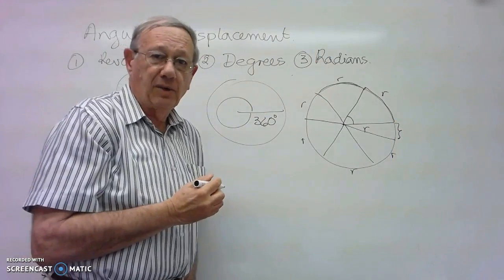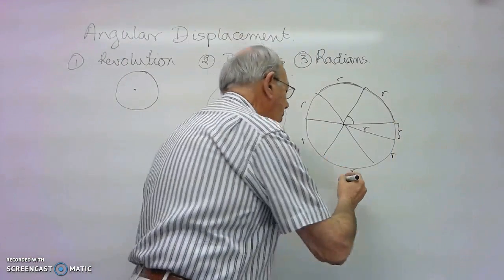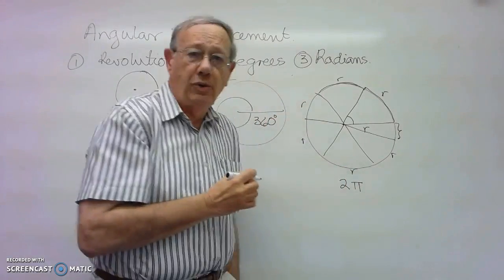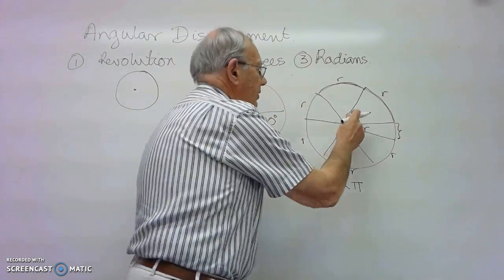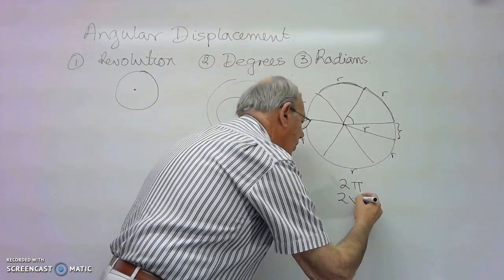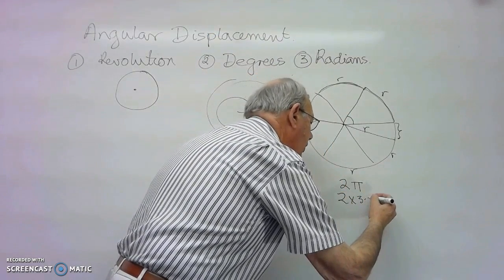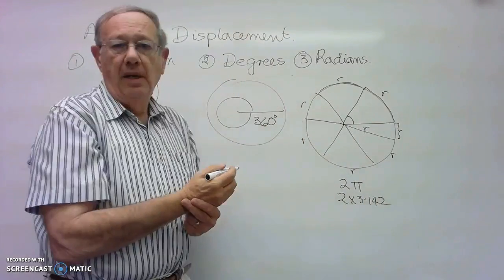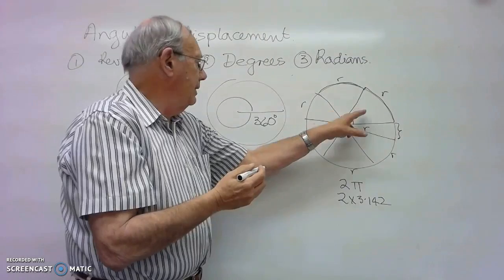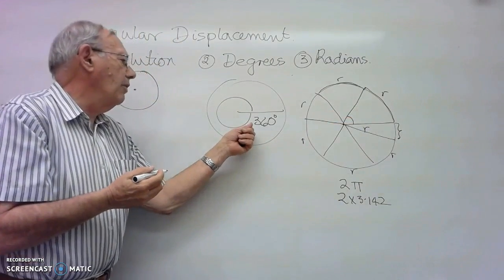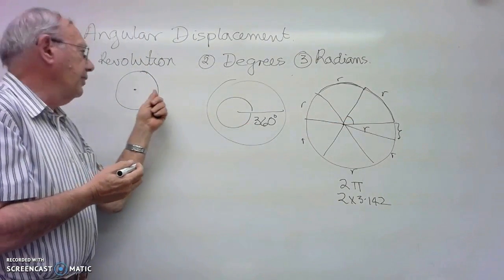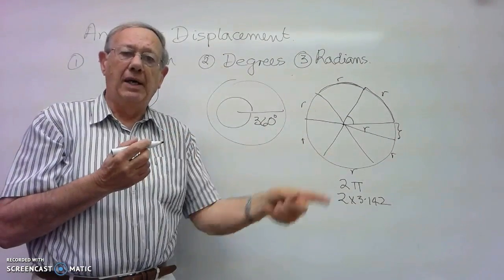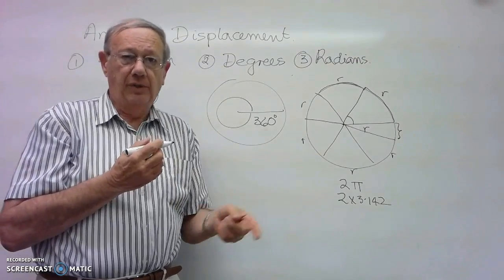Now, you may recognise this as related to pi. What we've got here is, in fact, 2 pi of these. So it's 2 by 3.14, round about 6.28. So we can talk about the number of radians, we can talk about the number of degrees, we can talk about the number of revolutions when we're saying how far something moves in a circle.